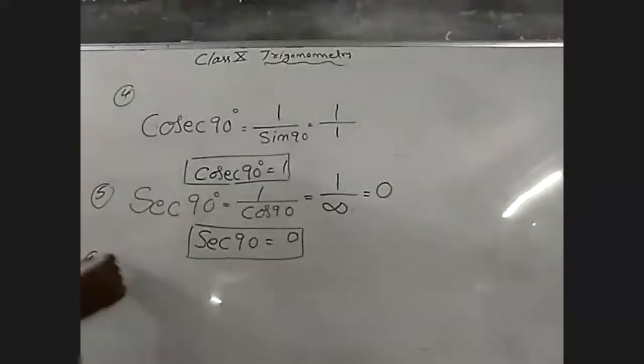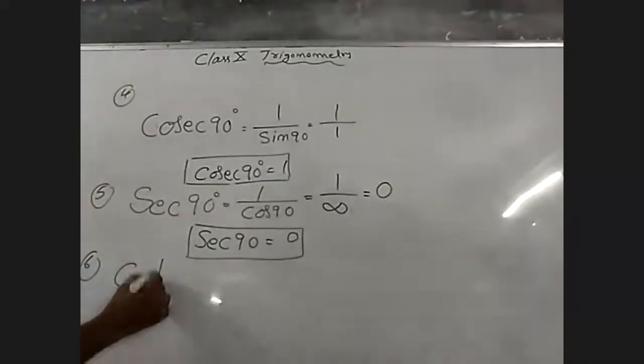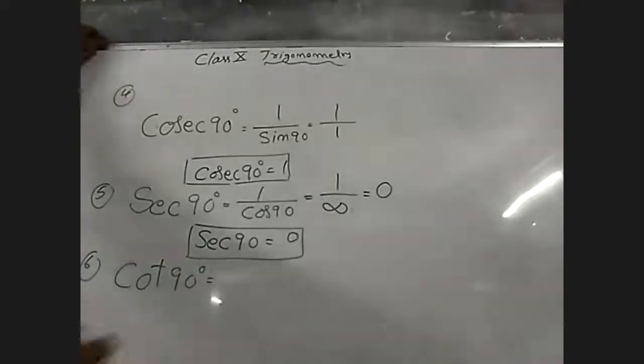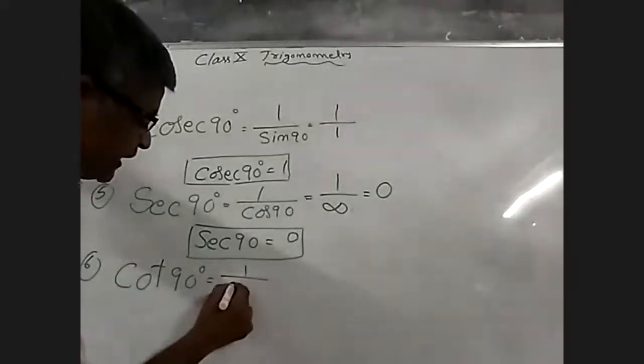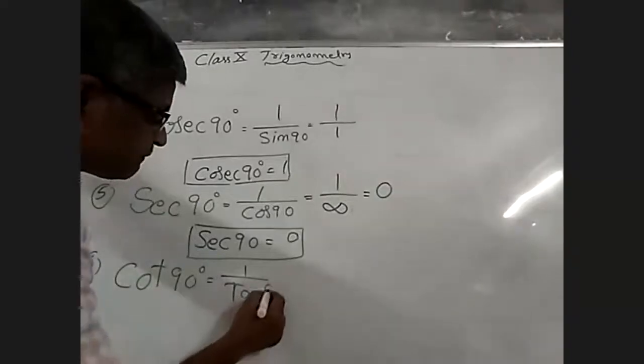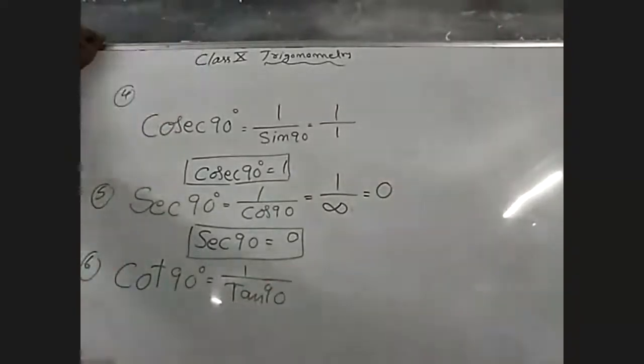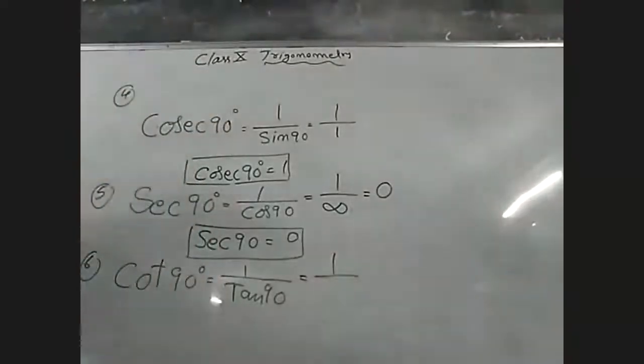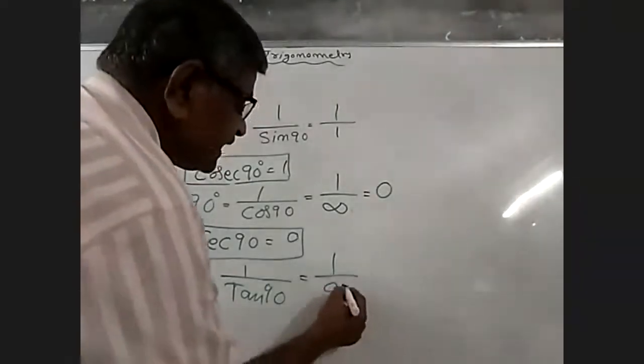Sixth one, cot 90. Cot 90 is equal to 1 by tan 90. What is the value of tan 90? The value of tan 90 is infinity.